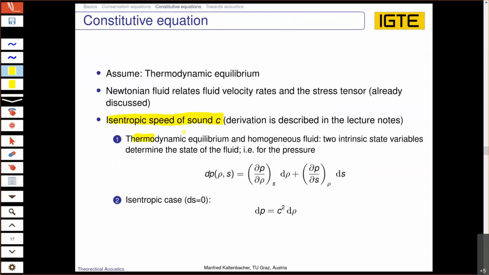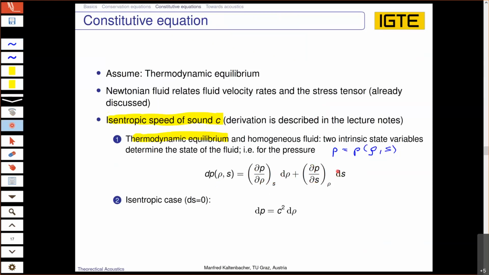From the thermodynamic equilibrium, where the total change of the entropy is 0, we express the pressure as a function of the density and the entropy S. This simply means the total change of the pressure is the change of the pressure with respect to the density at constant entropy, times the total change of the density, plus the partial derivative of the pressure with respect to the entropy at constant density, times the total change of the entropy.